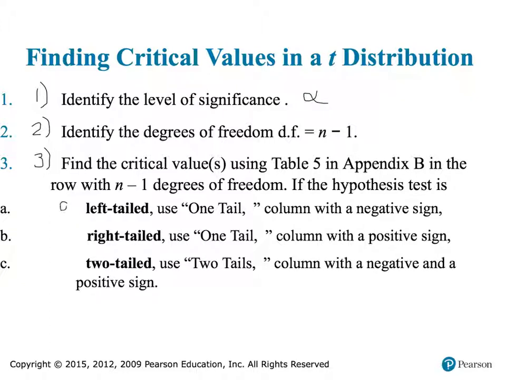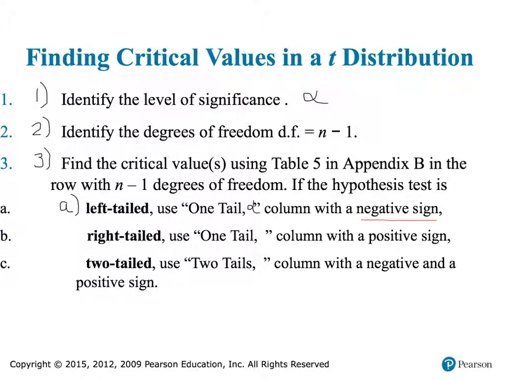So if it's a left-tailed test, and we'll demonstrate this, we'll need to go to the column that's labeled 1 tail alpha and then find the appropriate critical value, but we'll need to attach a negative sign to it because we will be below the claimed mean.